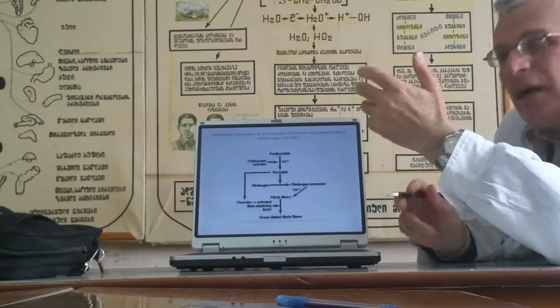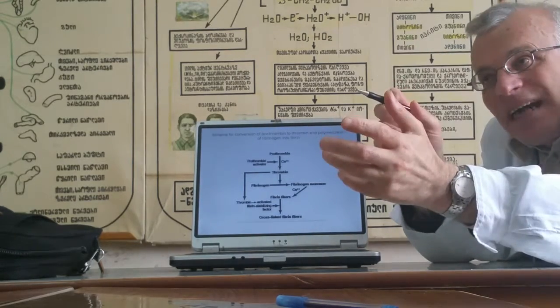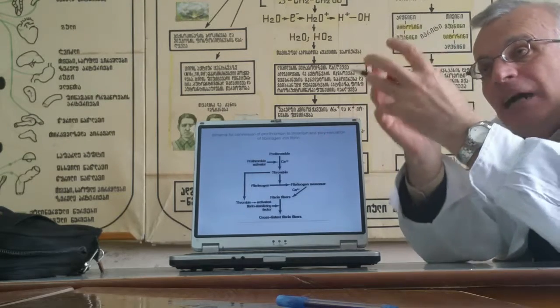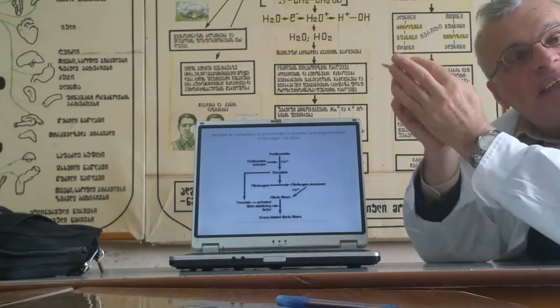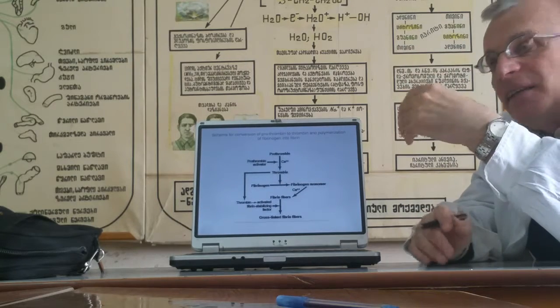That's why a clot is usually red in color, because many erythrocytes are stopped here, and later it becomes darker.